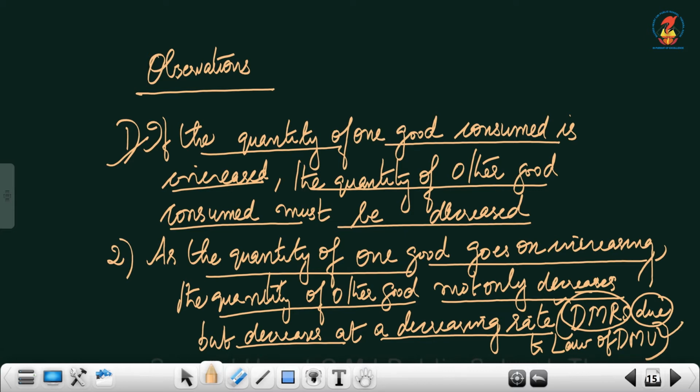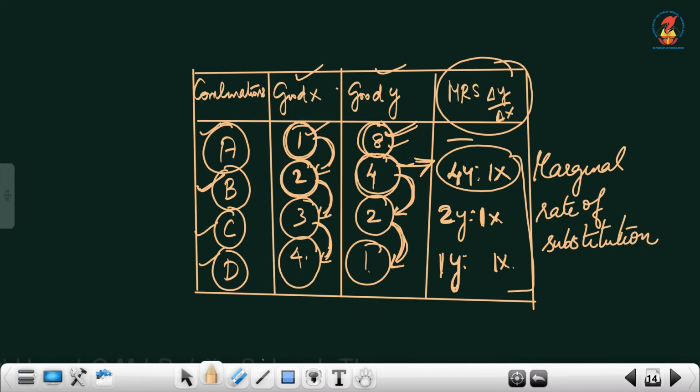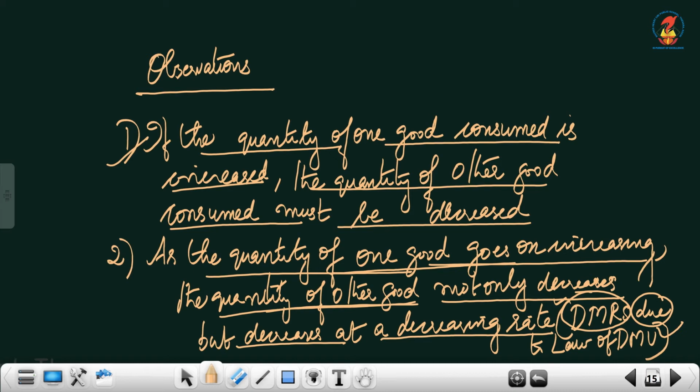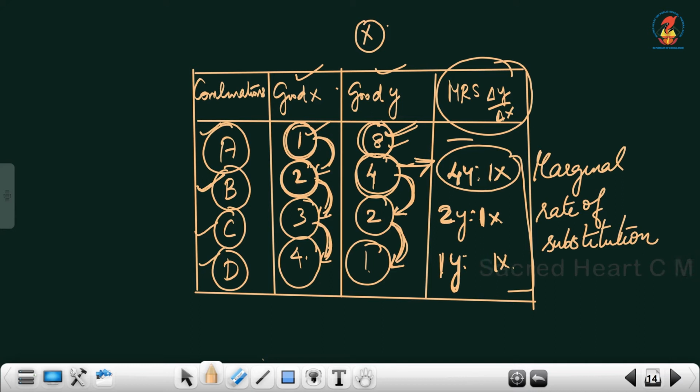Once again I will repeat, as the quantity of one good goes on increasing, which quantity is going on increasing here? X is going on increasing from 1 to 2, 2 to 3, 3 to 4. Again, as the quantity of one good goes on increasing, the quantity of the other good not only decreases. Yes, the quantity of the other good should decrease, isn't it?